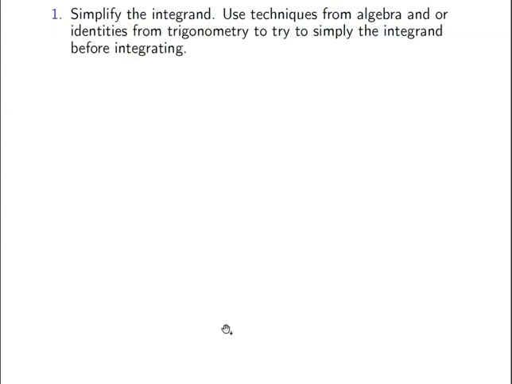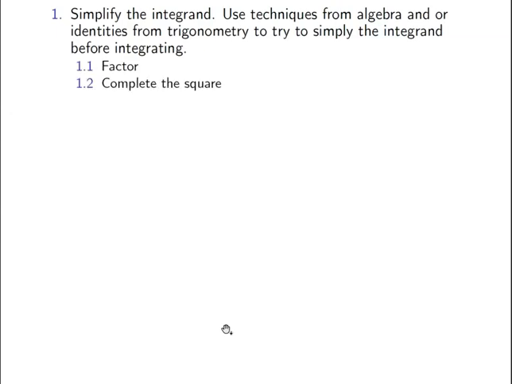So use techniques from algebra and any identities from trig or algebra to try to make the integrand simpler. We might have to use a trig substitution and then use that Pythagorean identity, that unit circle identity for trig, right? So there's lots of things that can happen.